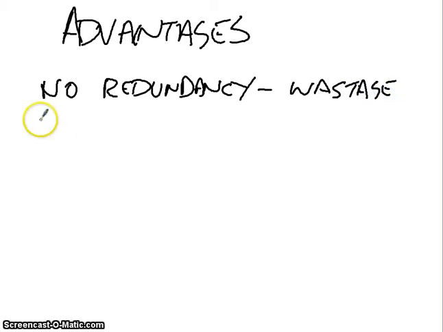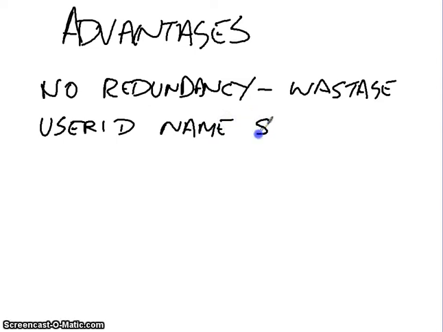So if we have a student who has a user ID and he has a name and he has a subject. Now, one person doesn't take many subjects. So one student has many subjects. So if I was typing this into a single table database, I'd have to type that again, I'd have to type that again, and then I would change the subject every time.